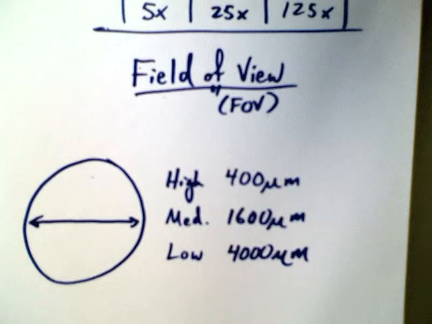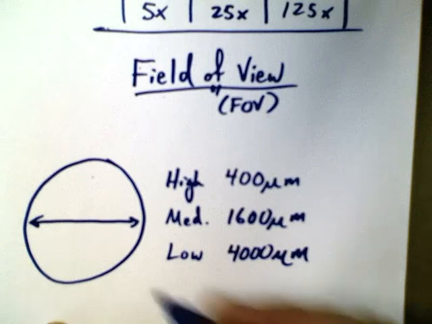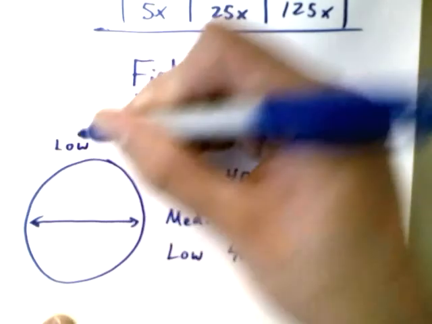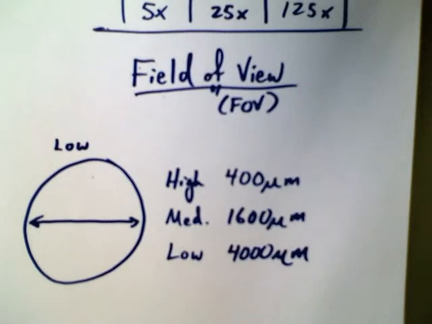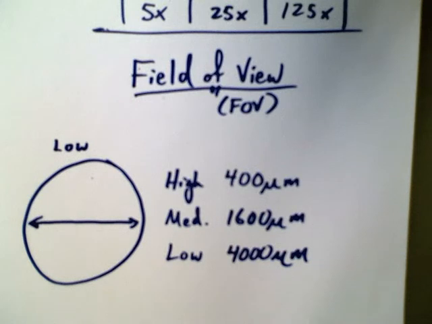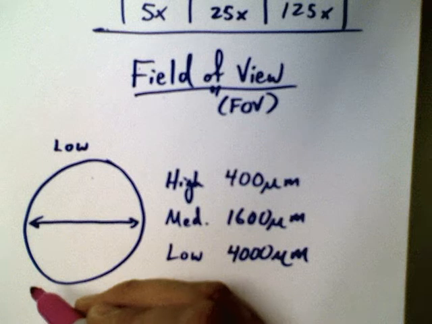Now, I'm going to refer to them in plural as FOVs, even though I know grammatically it should be fields of view. I'm going to say FOVs, which would be field of views, which is silly. But anyway, let's say that we looked at this on low magnification, and I put a ruler underneath my microscope. That's totally plausible. You could put down a ruler instead of a slide.